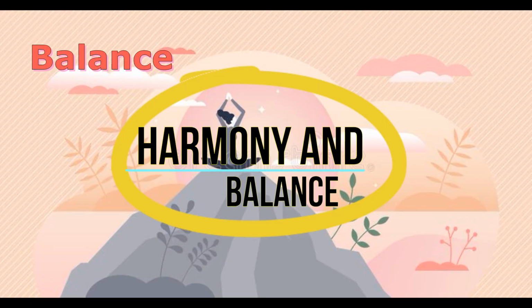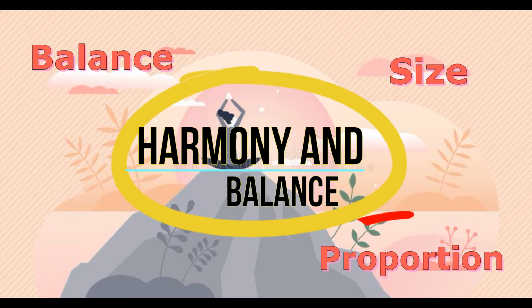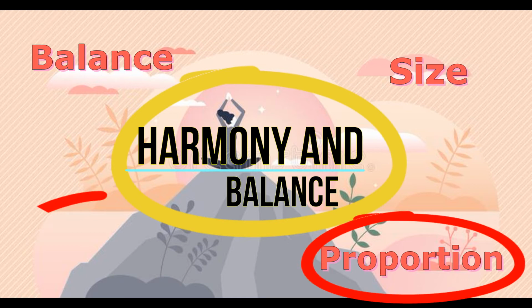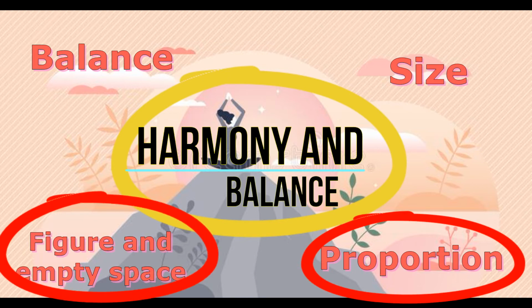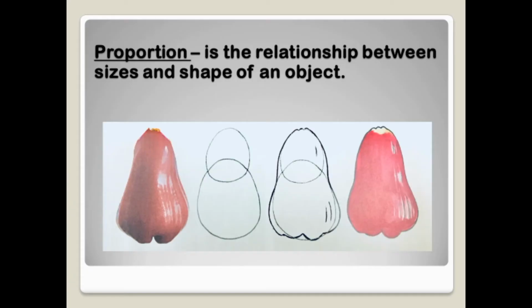Today's lesson is about proportion and figure and empty space. Proportion is the relationship between the sizes and shapes of an object. The proportion in the picture relates to the sizes of the objects in the picture, which have a suitable relation. Each object has its own proportion.